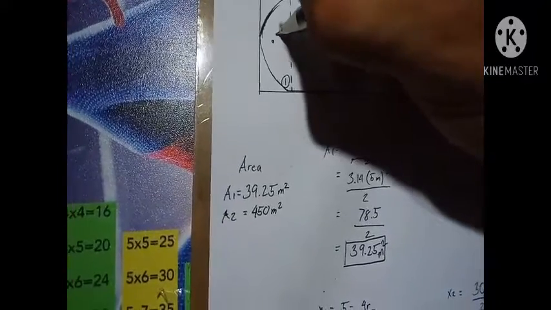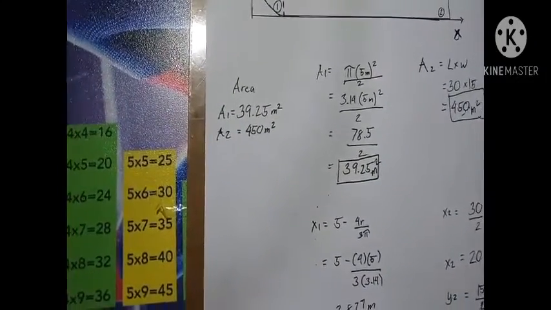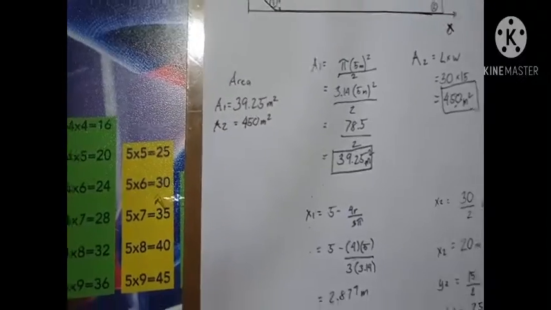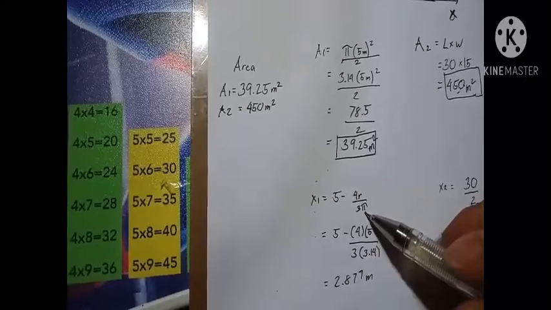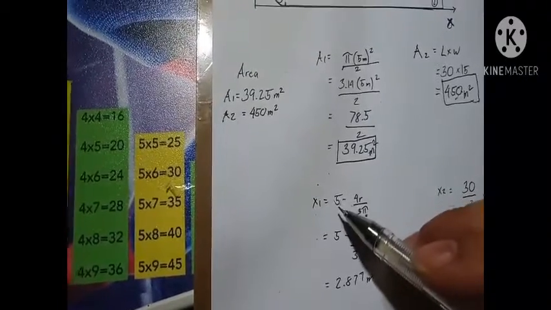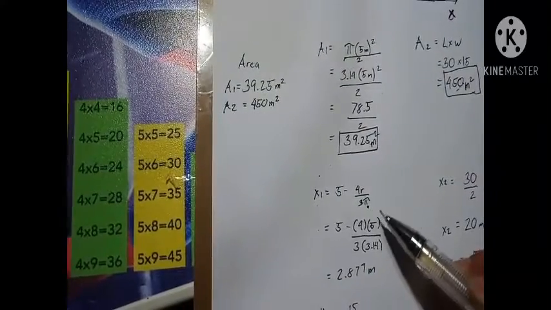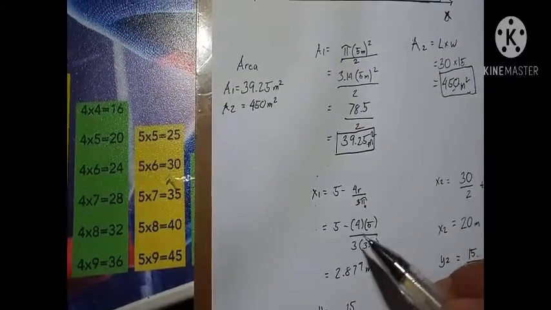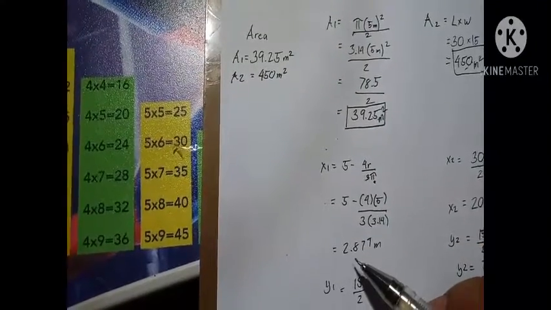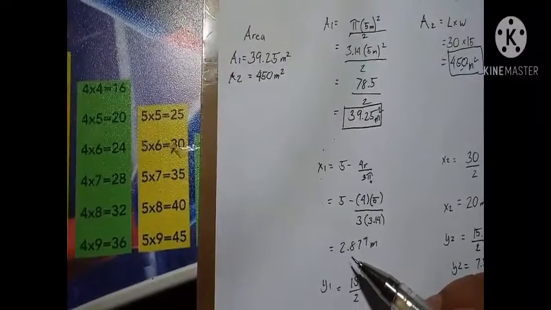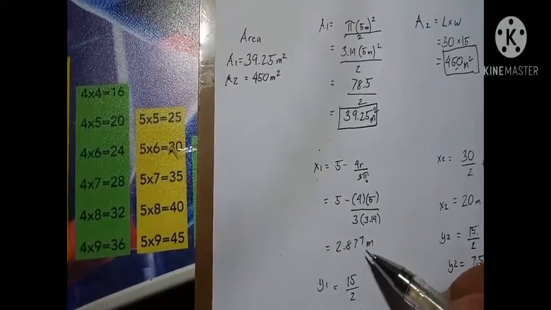From the base, it is 4r over 3 pi. This is a constant formula. So as the radius 5 minus 4r over 3 pi that we can find here, we'll solve this and we have this answer 2.877, or we can round it off as 2.88.